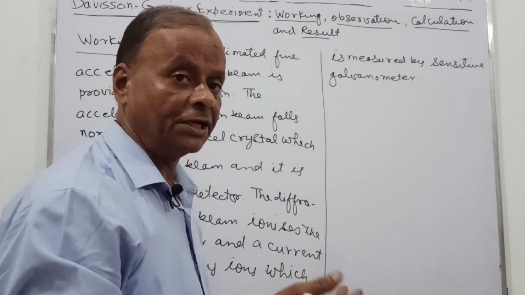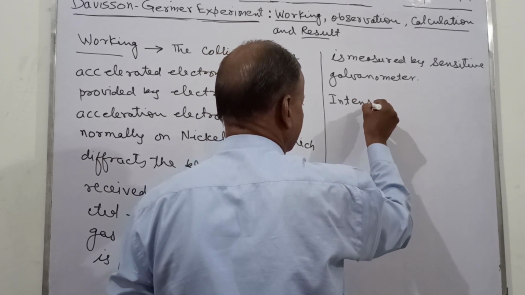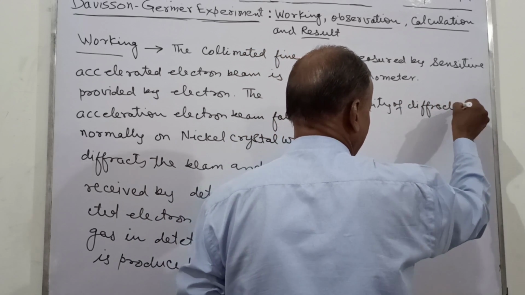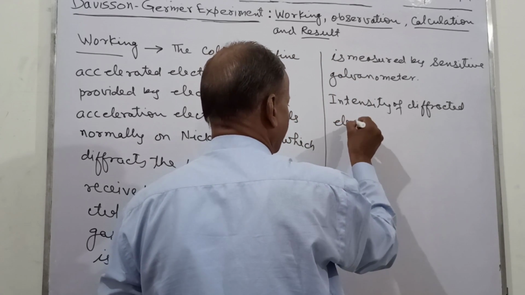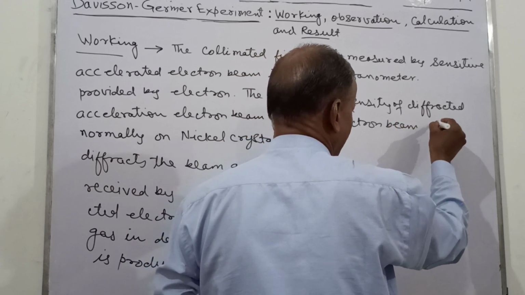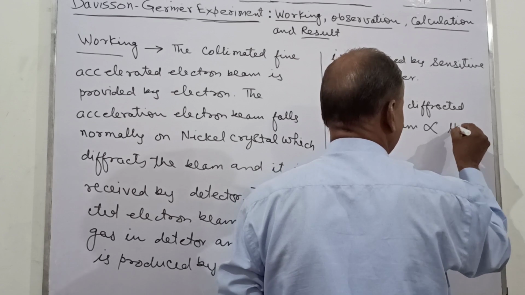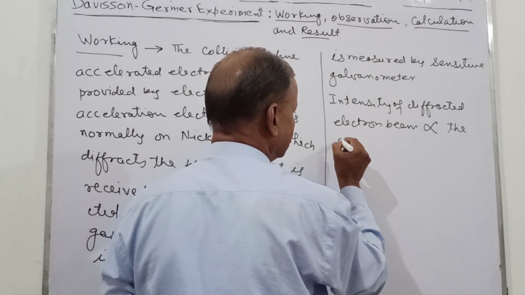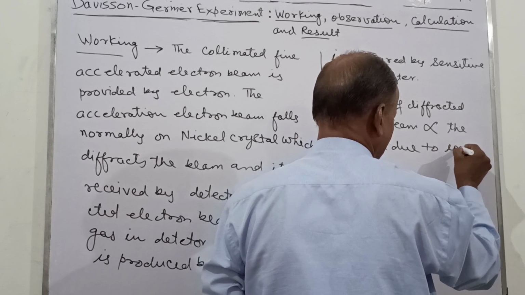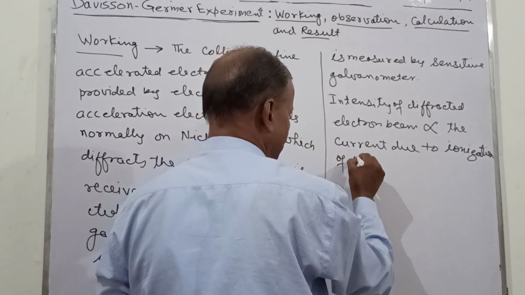The intensity of the diffracted electron beam is proportional to the current due to ionization of the gas.